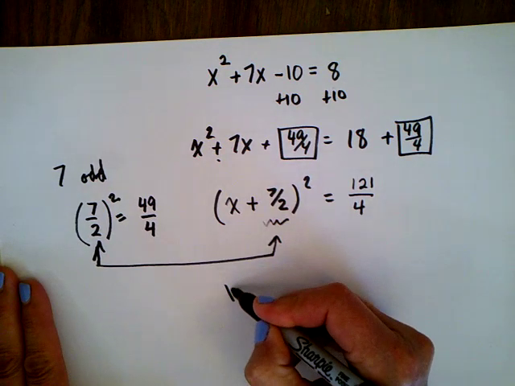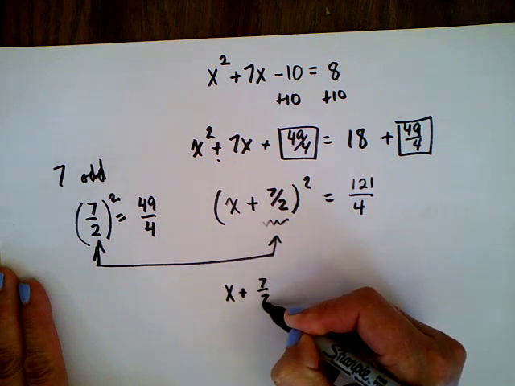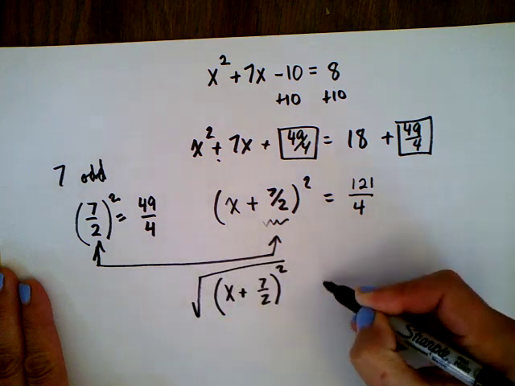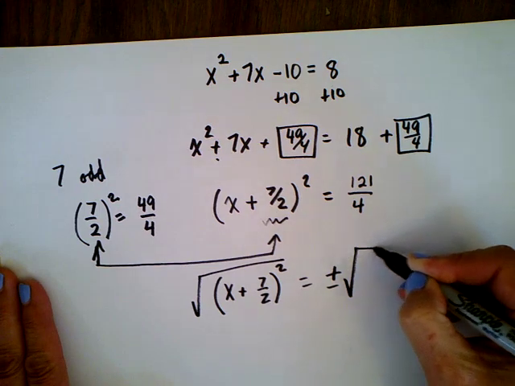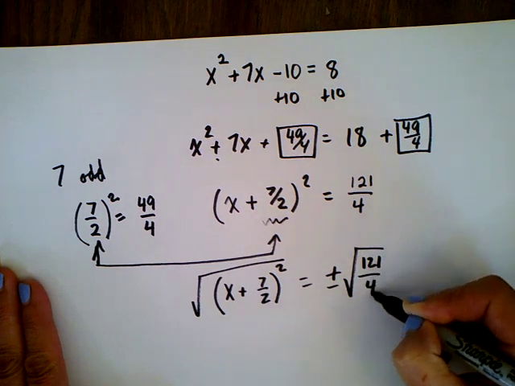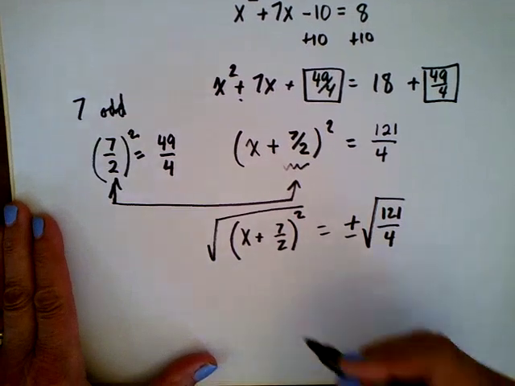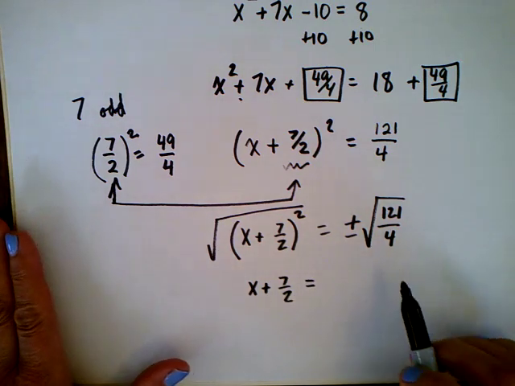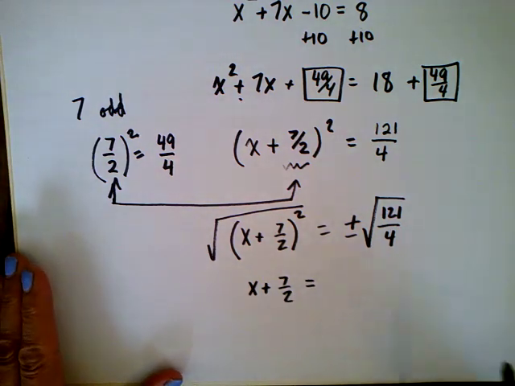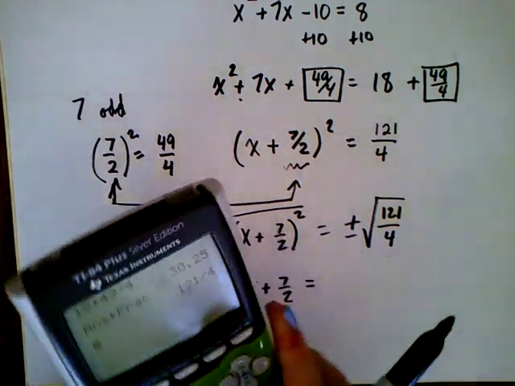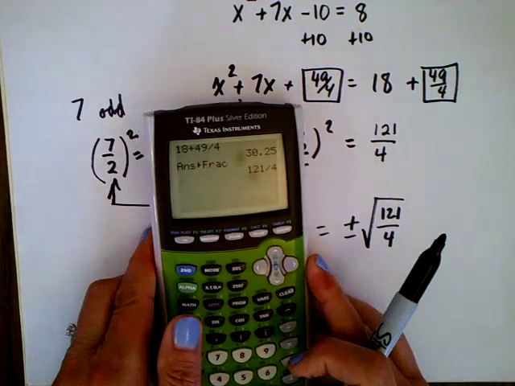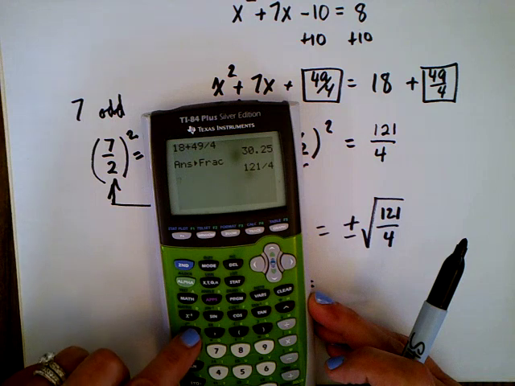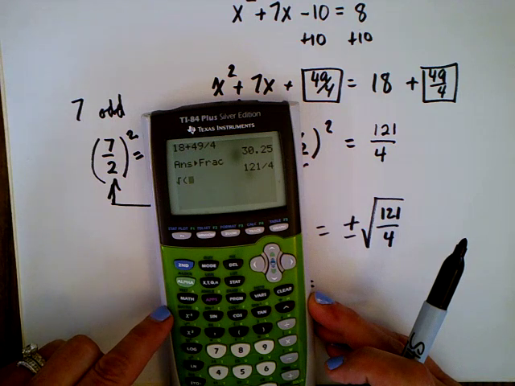So now I'll have x plus 7 halves squared, square root to show my work, plus or minus square root 121 over 4, minus 7 halves. And now what is the square root of 121 over 4? Well, you can just use your calculator, or if you know your perfect squares, you're all set to go. If I use my calculator, I'll just do second square root, notice how those keys are paired together, of the answer.